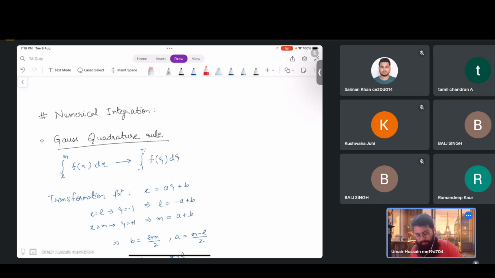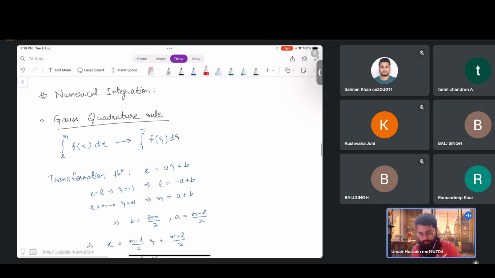One thing that is important in Gauss integration is that the formula is valid between the integration limits of -1 to +1, and that is also crucial for FEM, because most of the domains we consider, we transform into this particular range only.